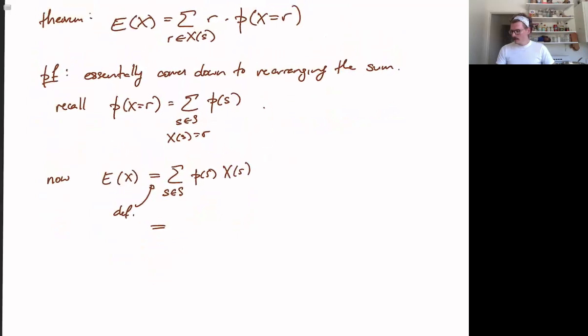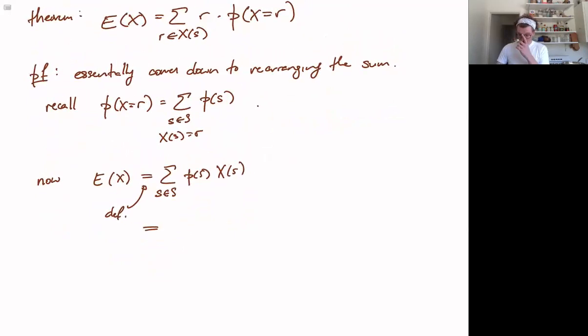And now, we can rewrite this sum basically by splitting it into two parts. So now we're going to take the sum instead over the image of X, and then we're going to take the sum over the elements of S that map to that image.